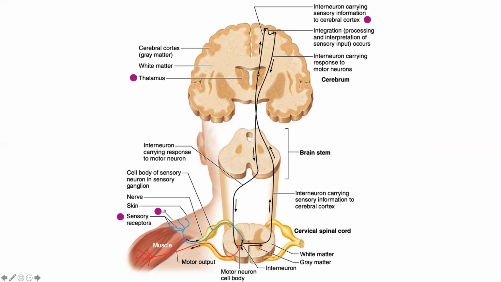Via the interneuron, it will innervate the motor neuron, and it will act on the muscle. But at the same time, and this is a parallel event, some of the nerve impulses will be crossing to the opposite side and going up to the sensory cortex.